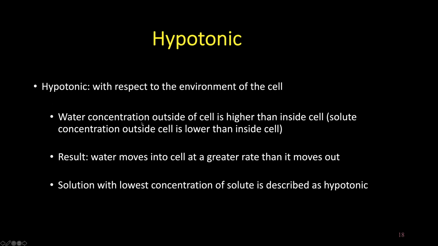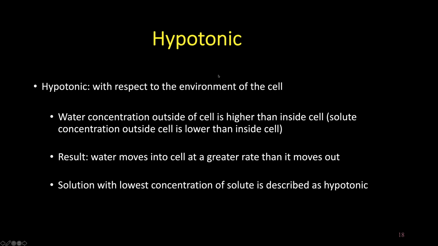Well, hypotonic means that the water concentration outside the cell is higher than inside. And so the consequence of that is that the solute concentration outside the cell is lower than inside. So tonicity always refers to solute.